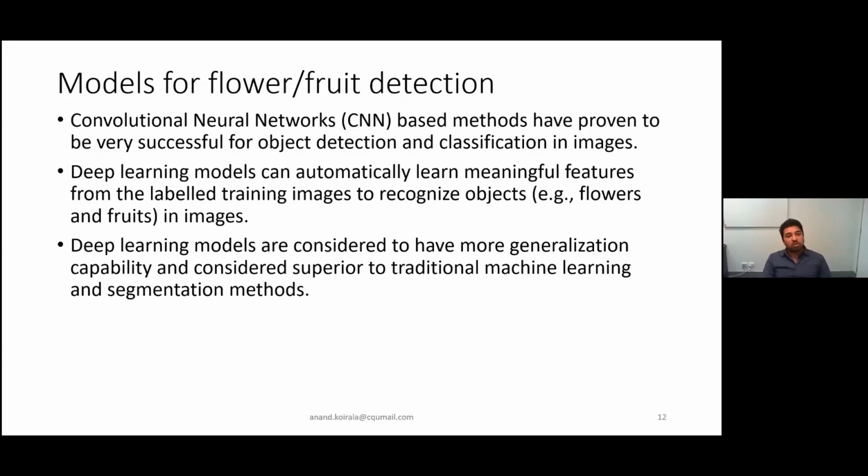Maybe it detects with lower confidence, but it still detects something. That's why it has more generalization capability. But if you use thresholding and other traditional methods, they can't cope with this variation as much as deep learning methods do, because deep learning models are trained on large datasets and can capture all the variations.